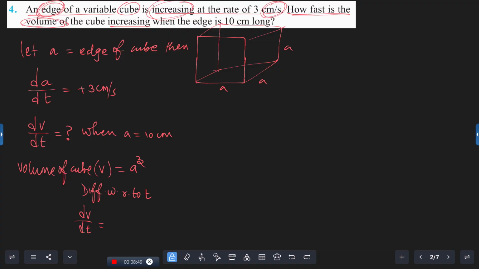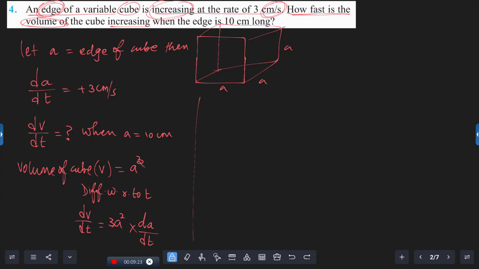Very good, 3 comes down and the power is reduced by 1. After that we also differentiate a with respect to t, which gives da by dt, and that is given in the question as 3 centimeter per second.